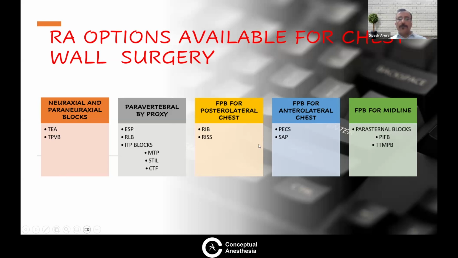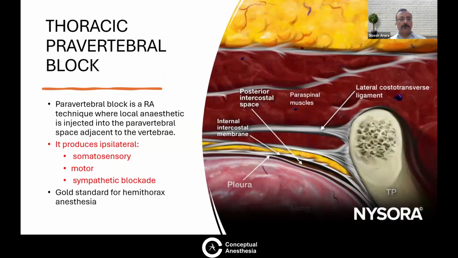The classical ones being used for breast surgery are the PECs and the SAP, which every one of you must be aware of. And the fascial plane blocks for midline surgery are the parasternal blocks, particularly the pecto-intercostal fascial plane block and the transverse thoracic muscle plane block. In subsequent slides, I'll be discussing the majority of these blocks which we can use in our day-to-day practice.